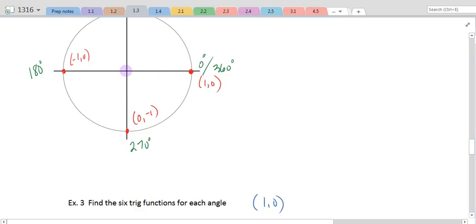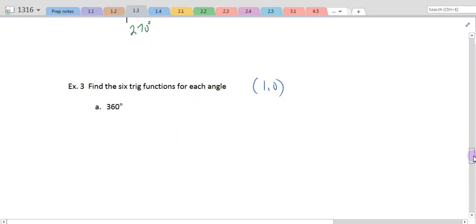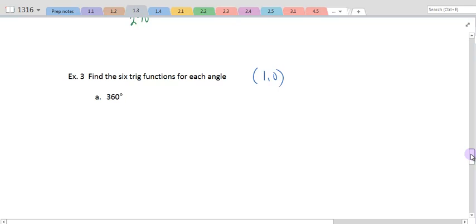Well, if we start at the origin and we move along the x-axis, it's 1 unit out, right? I only went out 1 right here. So anytime I am looking at this, the r is going to be this value out to the edge of the circle, if we're thinking quadrantal angles. Of course, I could always calculate that using the Pythagorean theorem.